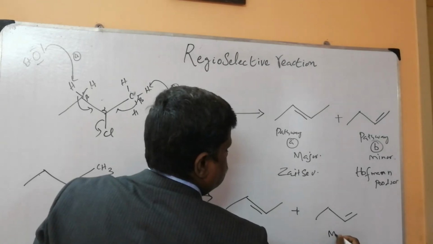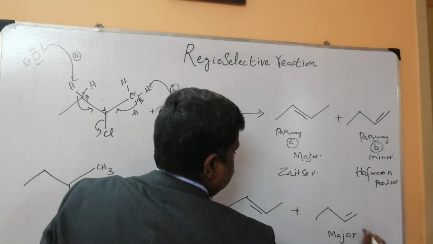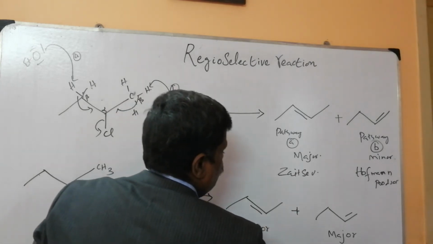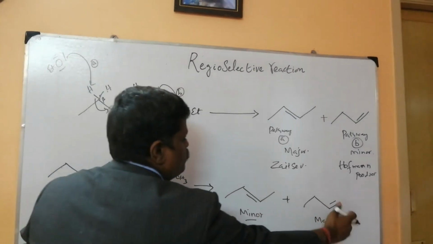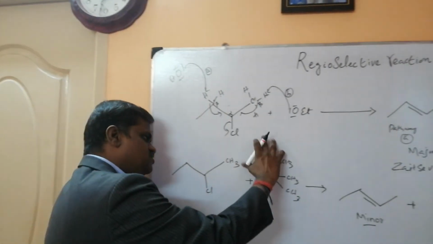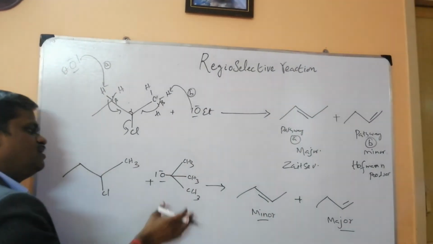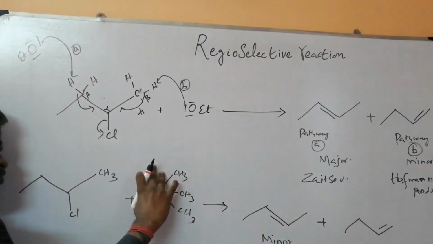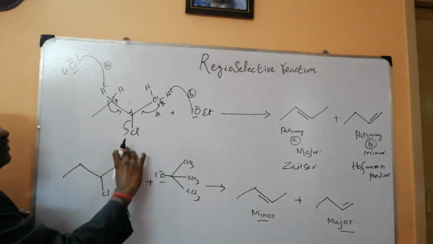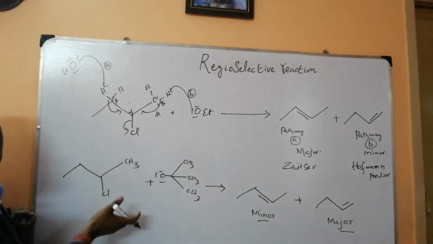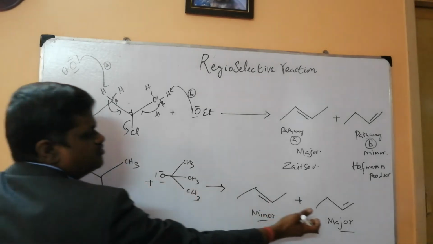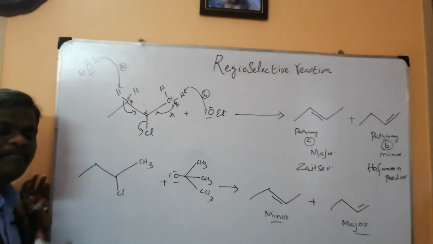Here this is your major product and this is your minor product. Why? This Hofmann product is major here. The reason is this base is more bulky and it tries to abstract the proton from the least hindered position. These methyl protons are the least hindered. So it prefers to attack from this one and gives the Hofmann product as the major one.